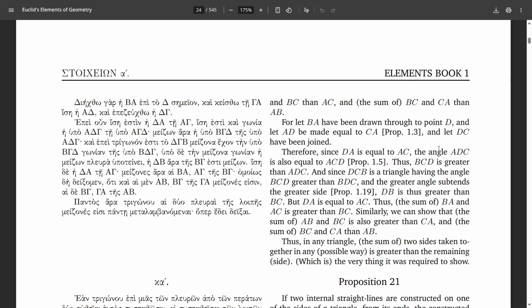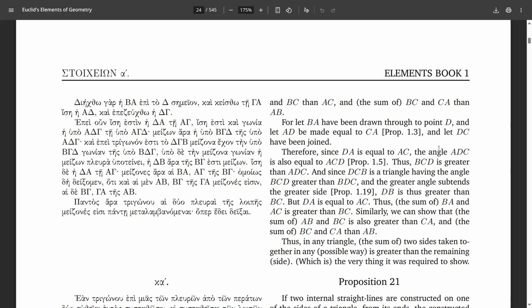As a little aside, AC is equal to AD, and from that you can deduce that the angle ADC, this angle here, is equal to ACD.